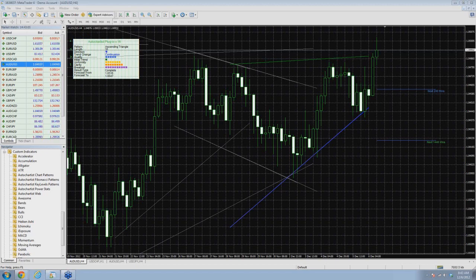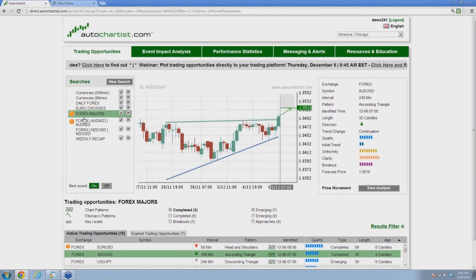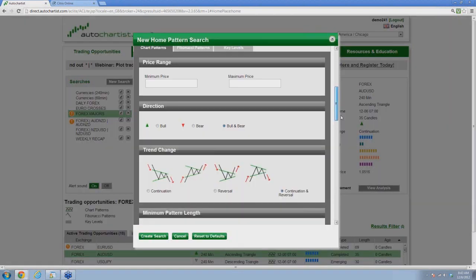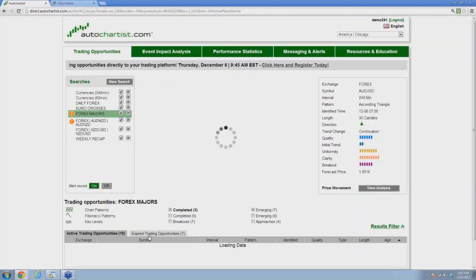In the regular web platform, the web version of it, you can go to your search, and you can go down to chart patterns, and you can deselect all of them, and then you can pick triangle, like I'm doing now. And you're going to get only triangle patterns.